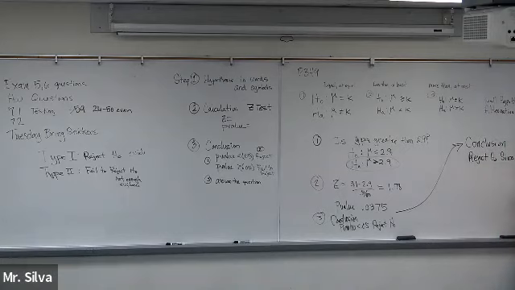And you don't actually have to include the p-value in your conclusion, because I already know what the p-value is that you found, because that's in the calculation portion of the hypothesis test.